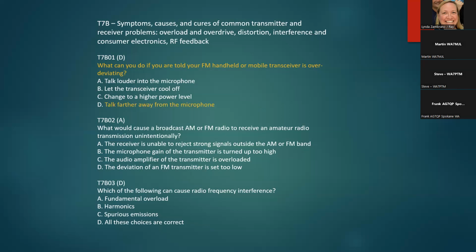The way you fix that is you just move the microphone away from your mouth. Often, one of the problems also is that hams talk directly into the microphone. You want to talk kind of across the microphone. That way you don't get over modulation and you don't get the pops and whistles that happen when you talk directly into the microphone.